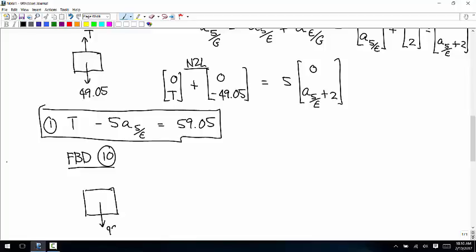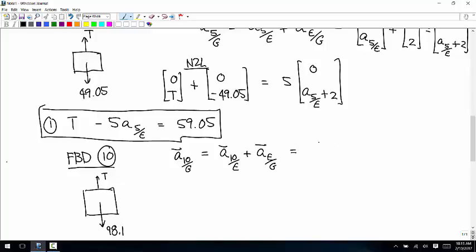There's a weight, this time it's 98.1. It's the same cable, so we still have the cable tension T up. The acceleration of the 10 relative to the ground is equal to the acceleration of the 10 relative to the elevator plus the acceleration of the elevator relative to the ground.